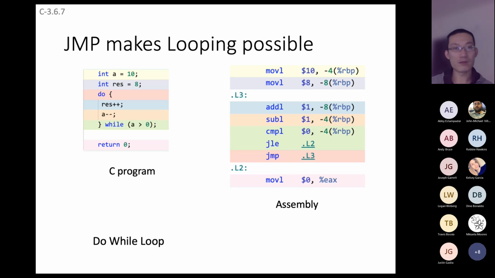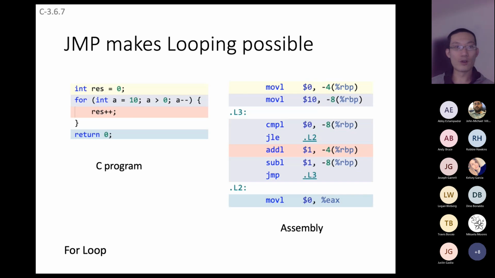We have the do while, and here's what the assembly code would look like. The checking part, whether we continue the loop or not, is the green part. It happens in the later part of the do while loop. Or we can have the for loop. You can see in the for loop, the testing is at the beginning of this loop, the purple one.